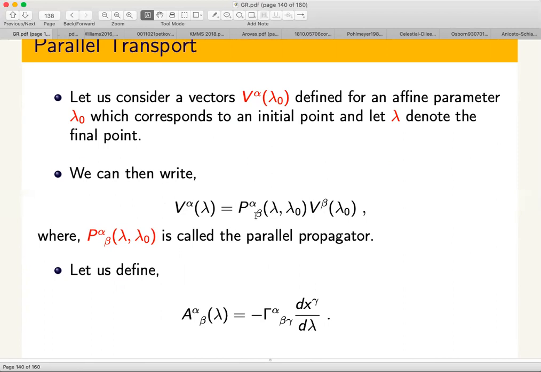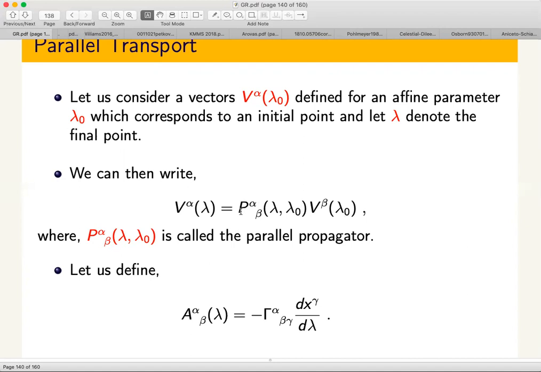So it acts on vectors defined at the second argument, in this case V of lambda naught, and the end result of its operation would give you V at lambda. Now of course we know what this would be: it has to be some form of the parallel transport equation that we have.